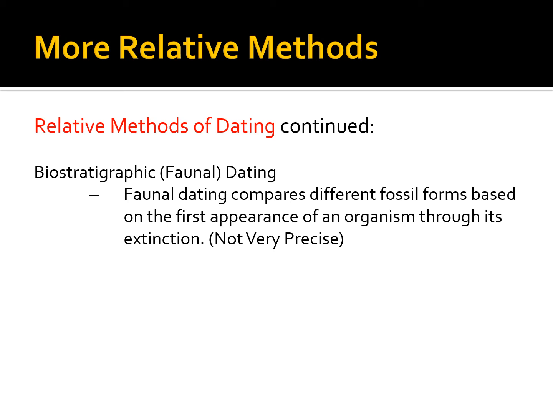We would really prefer to use some sort of chemical or geologic dating methods, because when you use biostratigraphic faunal dating, it can go over vast expanses of time, and there could be vast amounts of morphological change that you may be missing because you're just looking at its first and last occurrence in the fossil record.